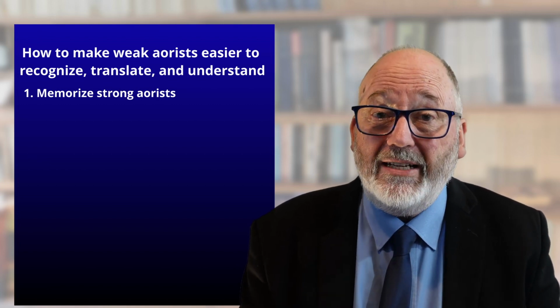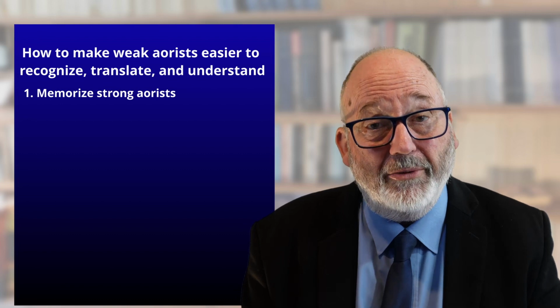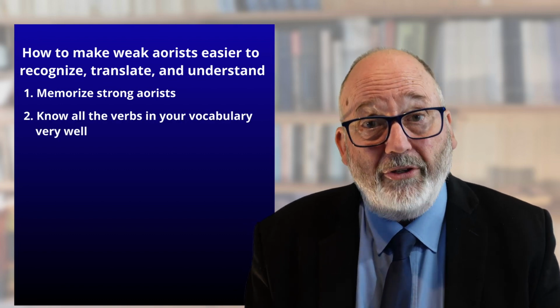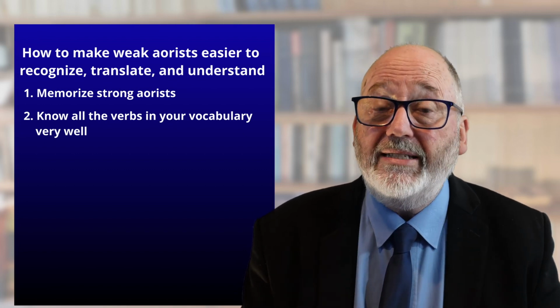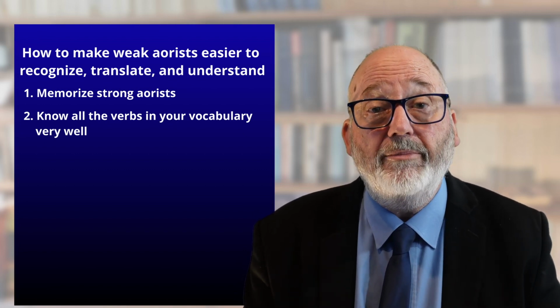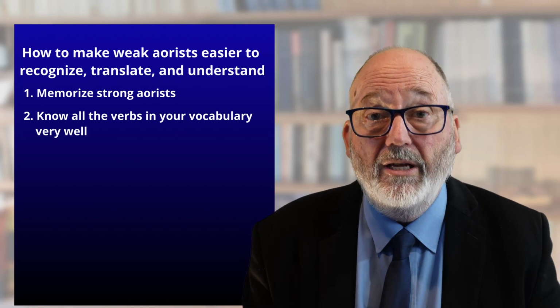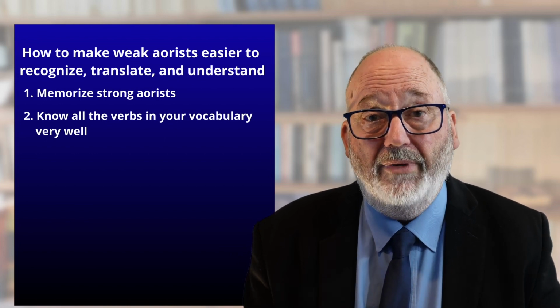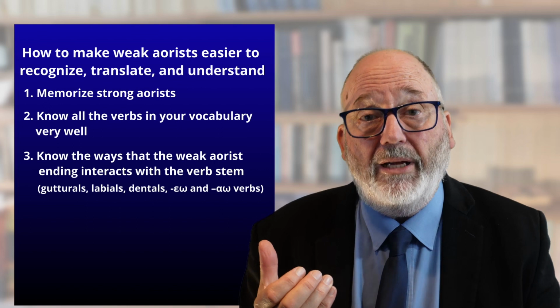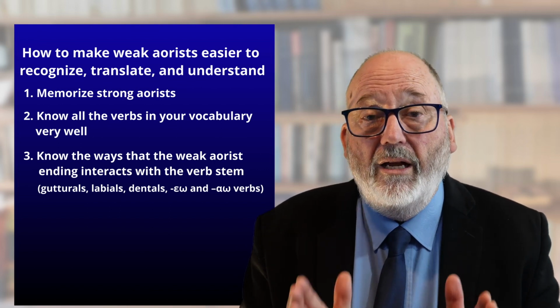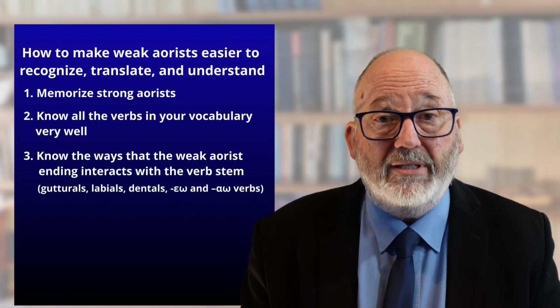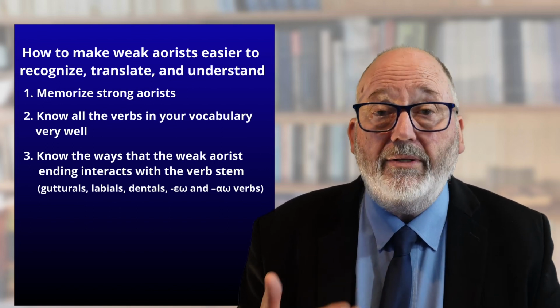Then you also need to know your vocabulary very well for all verbs, so you know both the strong aorists and the weak aorists, because things happen to weak aorists as they move from the present indicative to the aorist indicative. We have the sigma on the ending interacting with the last letter of the verb stem, if it's a guttural, a labial, or a dental.